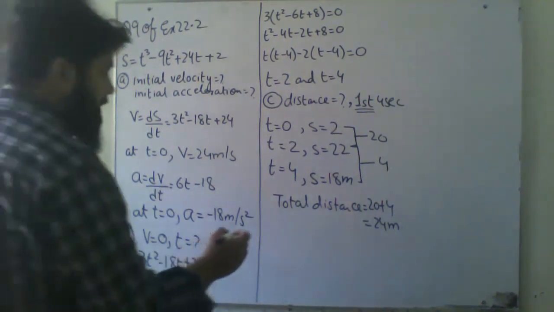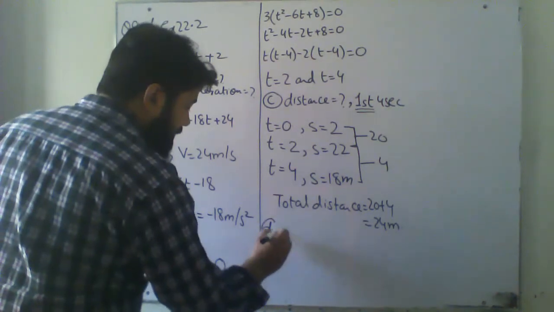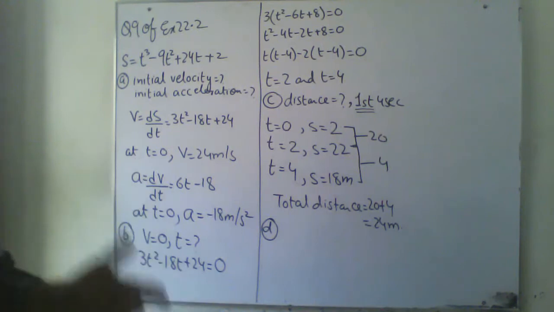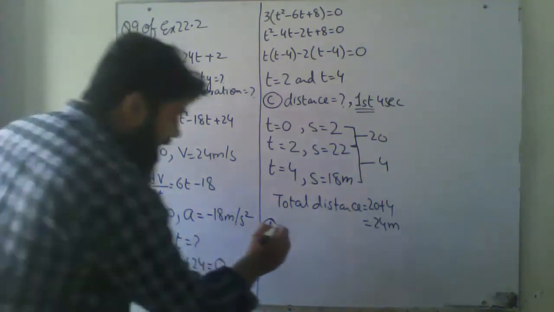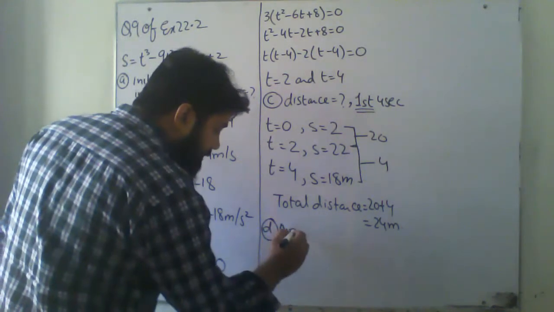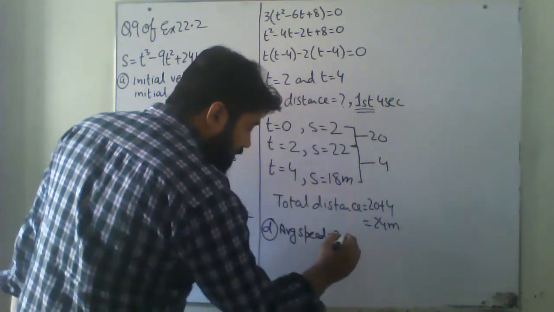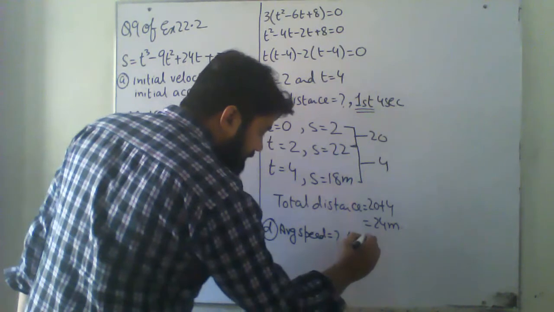Next part of the question, D part, is saying that I have to find average speed in first 5 seconds. I have to find average speed in first 5 seconds.